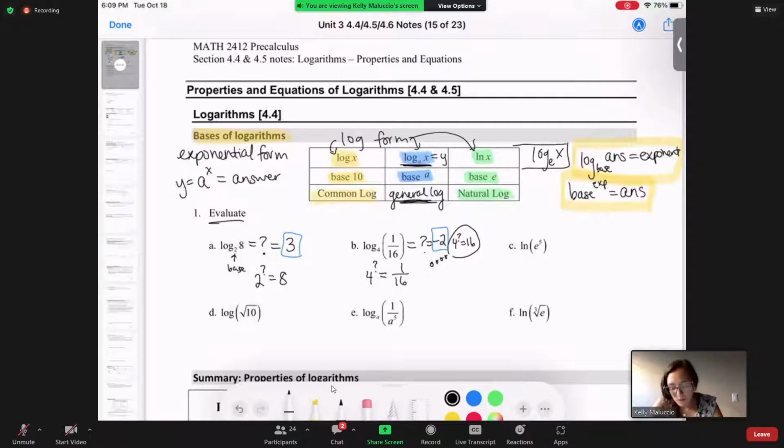Now, this next one's a bit weird because I have natural log of e to the fifth, and I know the base is e. So if I'm thinking about what this is saying, remember, this is e to the question mark equals e to the fifth. Well, I almost feel like I've cheated here, but this is just 5 if I evaluate this, right?